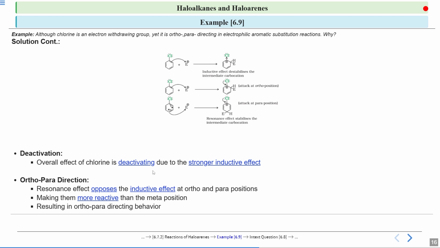Okay, so chlorine is an electron withdrawing group, we know, due to its inductive effect, but still it is ortho-para directing in electrophilic aromatic substitution, which forms stable ortho-para substituted products due to the resonance effect shown by the chlorine through its lone pair electrons.